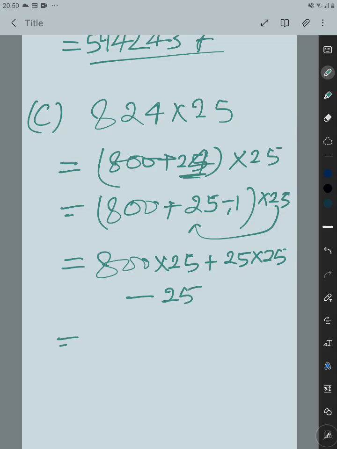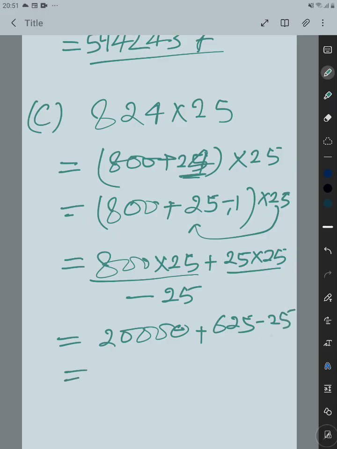If you multiply this, you'll get 20,000. Now we'll multiply this one, and you will get 625, and this is minus 25. If you subtract, 600 will remain, and if we add 600 here, you'll get 20600.